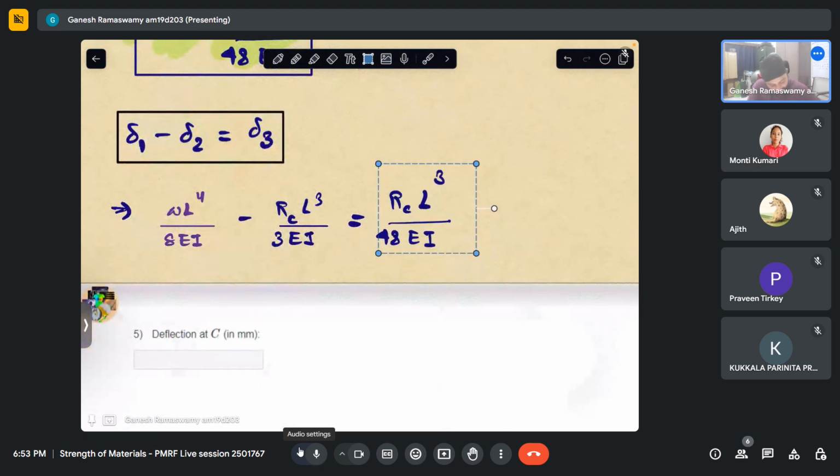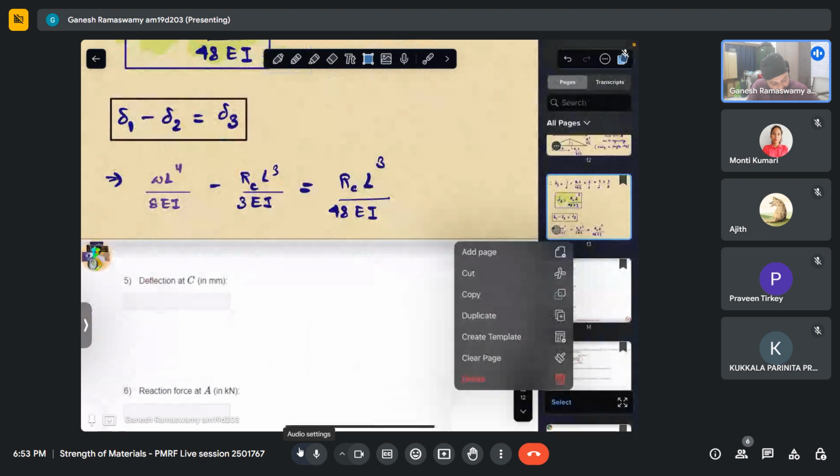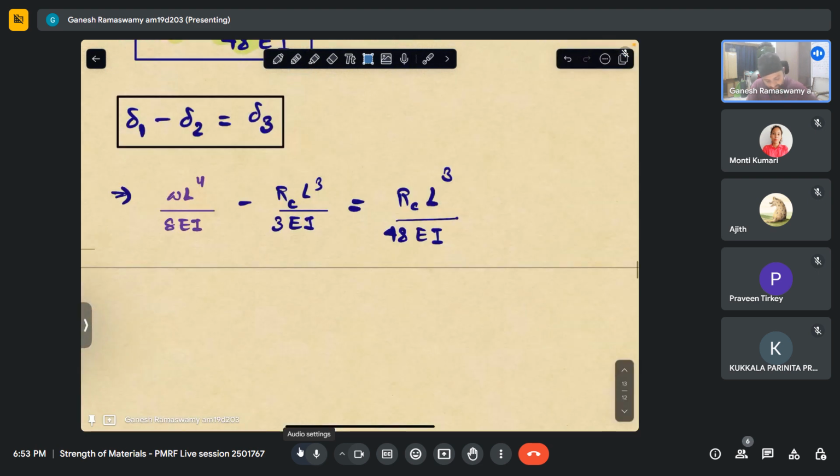So now it is just a matter of some manipulation in order for us to calculate this. So let us go ahead and do that quickly.